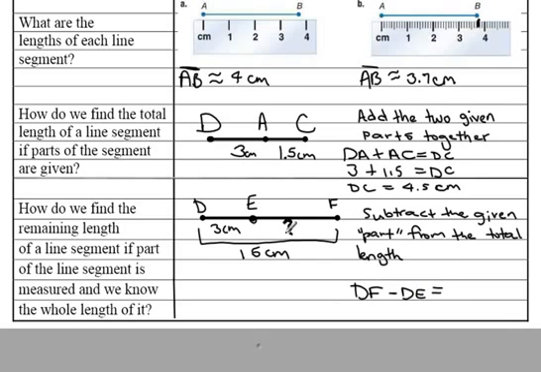That's going to give you the remainder, EF. So to put it in numbers, you're going to take the whole thing, 15, subtract the part of it, the little guy, 3 centimeters, and that'll equal the missing piece right here. So EF is going to equal 12.